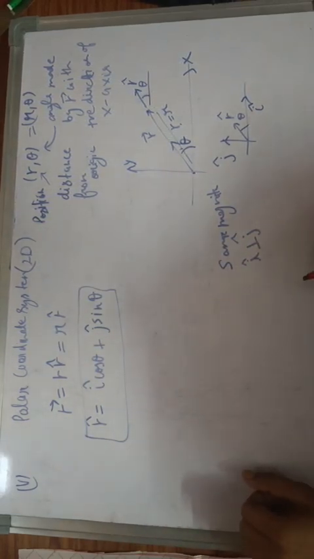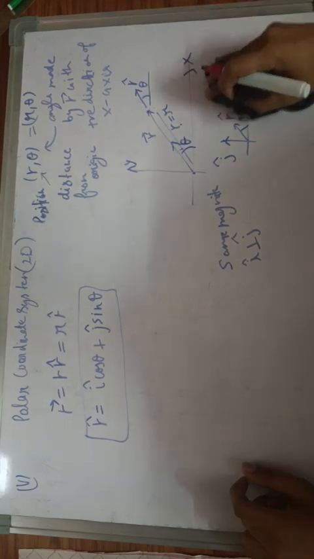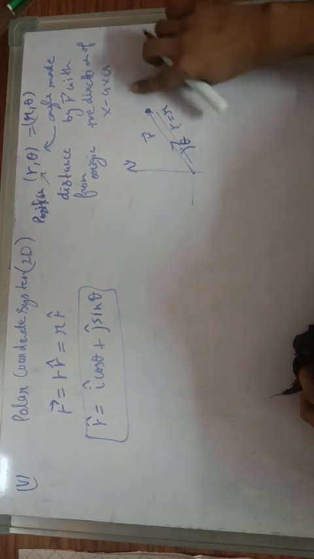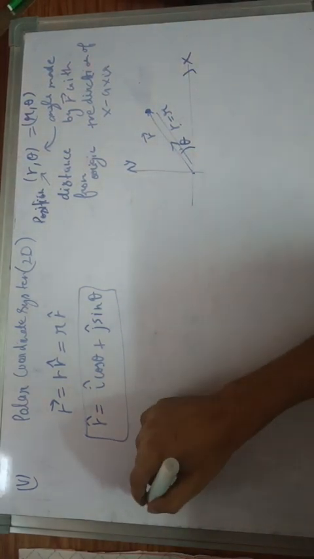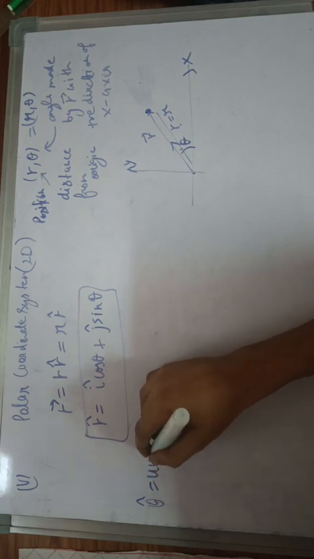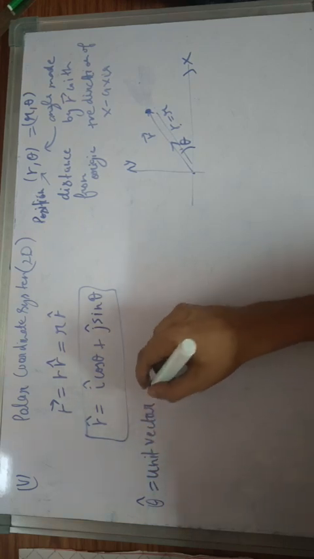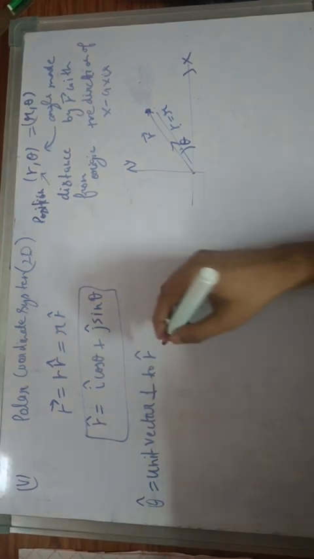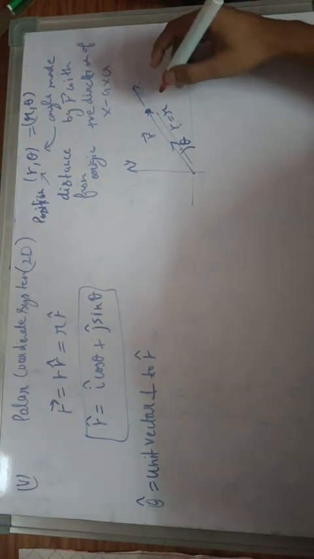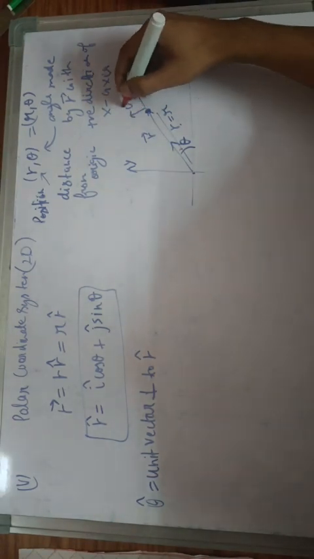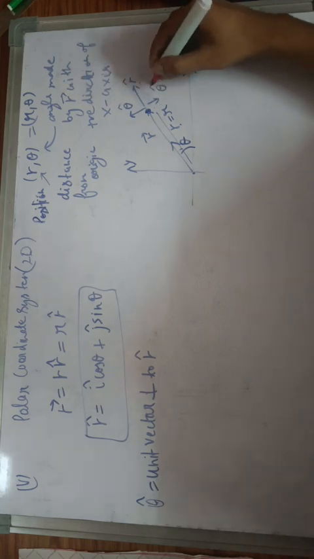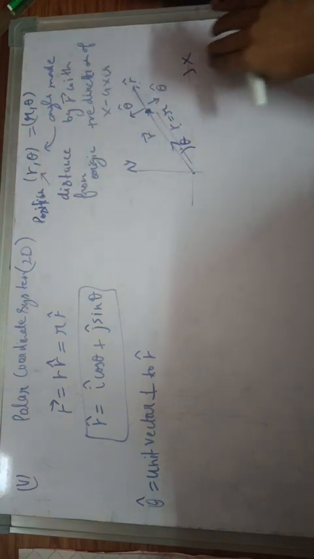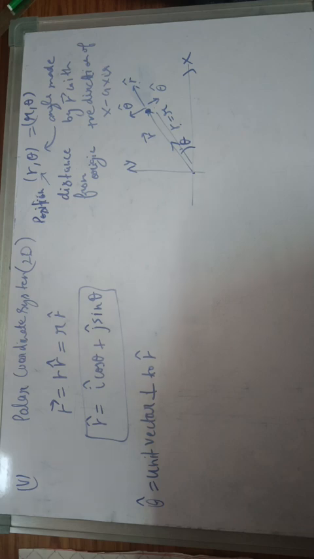Now in the case of polar, there is another vector which is called theta cap. Theta cap is the unit vector perpendicular to r cap. So this is the r cap vector, let's say, then theta cap will point either in this direction or in this direction.